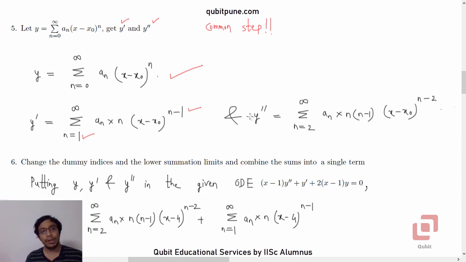Because our differential equation also has the second derivative, let us differentiate y prime term wise. So summation as n running from 2 to infinity a n into n minus 1 into x minus x naught to the power n minus 2. Now how are we doing this? We are doing this by taking the help of power series manipulation theorem.